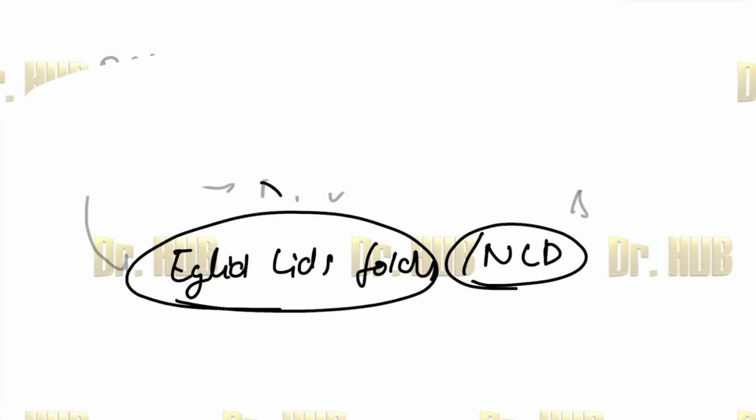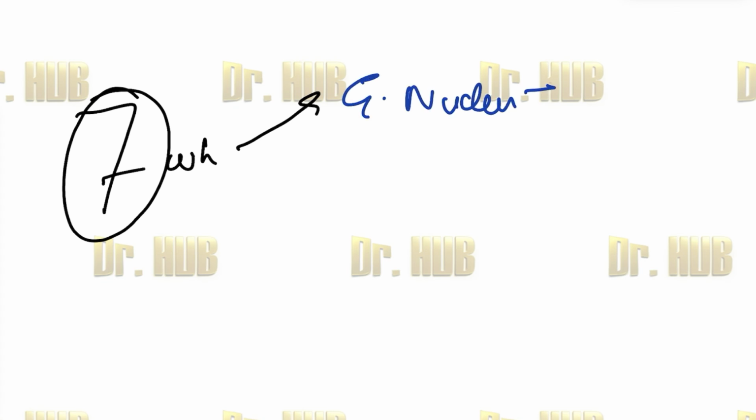Then moving on, we look at what happens in the 7th week. Under the 7th week, there is the embryonic nucleus (E nucleus) of the lens. Next, the sclera begins to form.